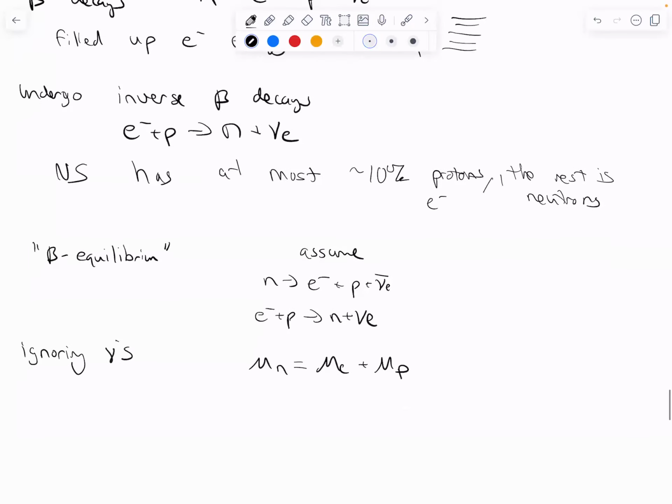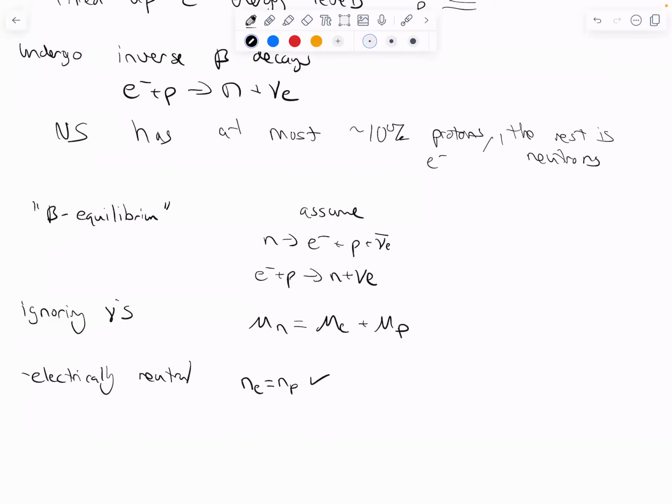Now, the other nice feature of being in beta equilibrium is that it's electrically neutral. Although the star always has to be electrically neutral. In fact, if you didn't have an electrically neutral star, it would explode. So it doesn't have a net charge to it. So the way that you handle this is basically your number of electrons is equal to your number of protons. This is a constraint that you add to your star as well. And this occurs even if you have exotic states.